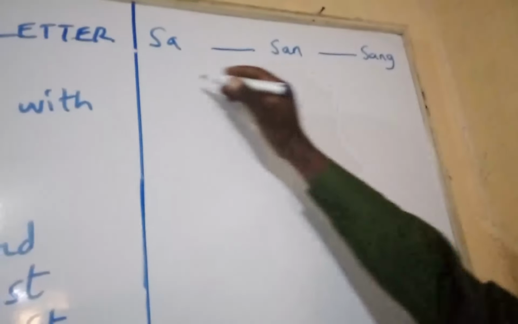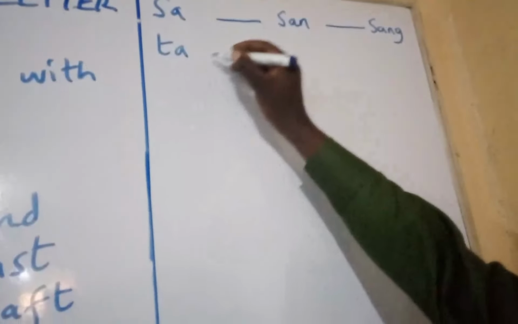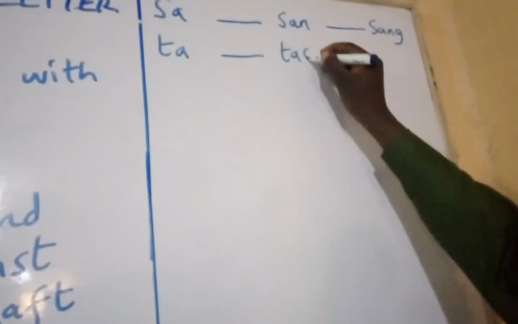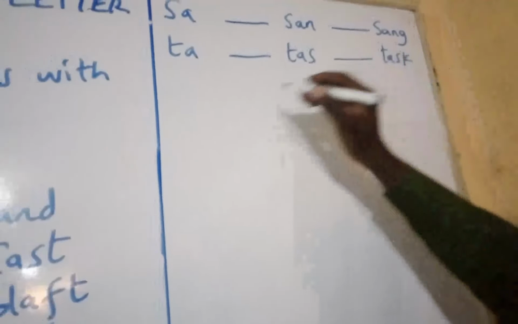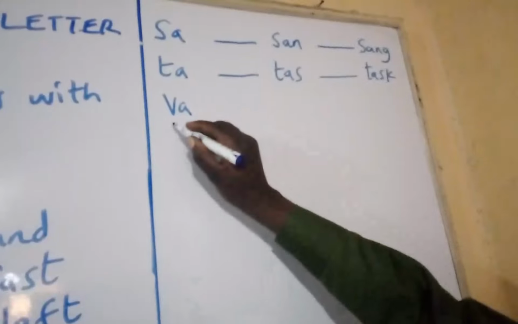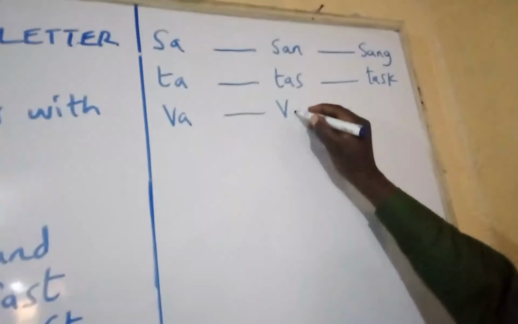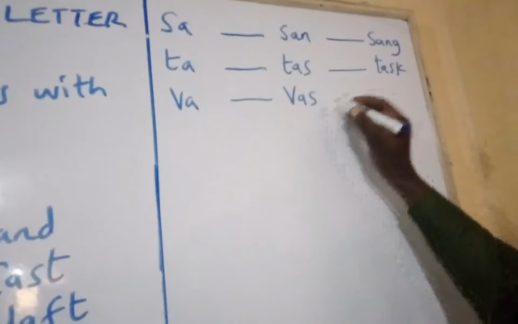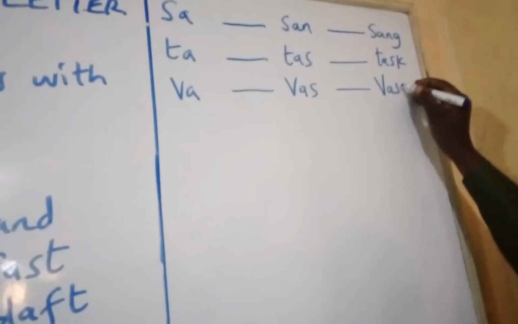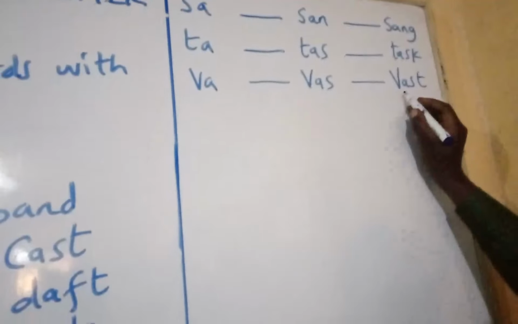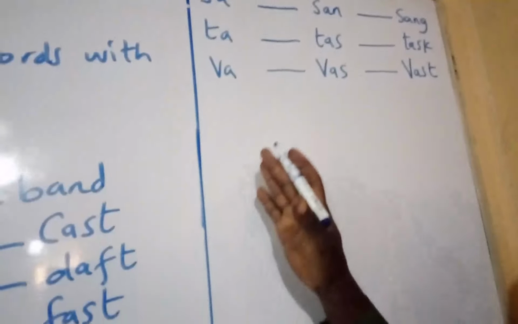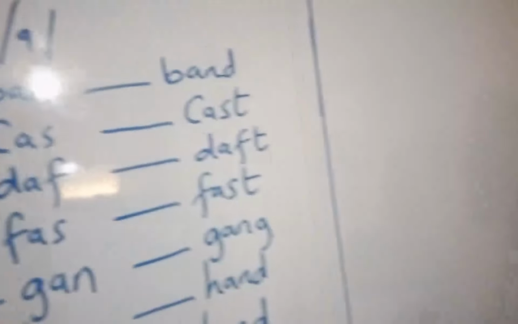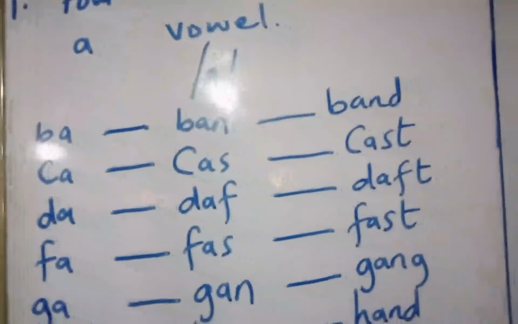Sang. Then next is ta as in task, so 4. Task. Okay, now after that we have va as in vast. Then next produces vast. Okay, now I want to believe we understand this method at which four-letter words can be produced.